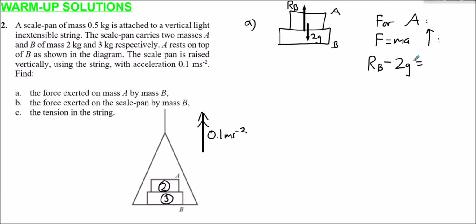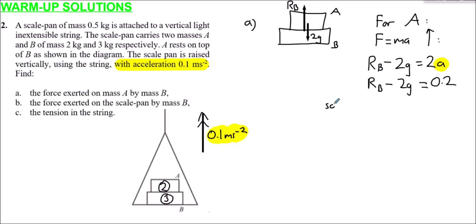By Newton's second law, that will equal the mass of A, which is 2 kilograms, multiplied by the acceleration. However, we know the acceleration is 0.1 meters per second squared because it's given. So Rb minus 2g equals 2 multiplied by 0.1, which is just 0.2.